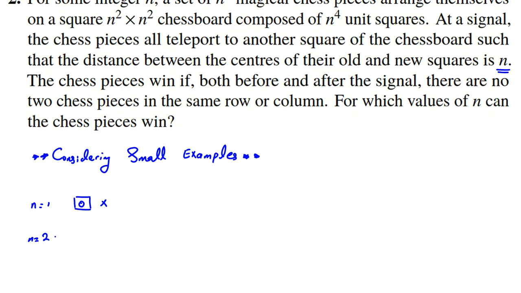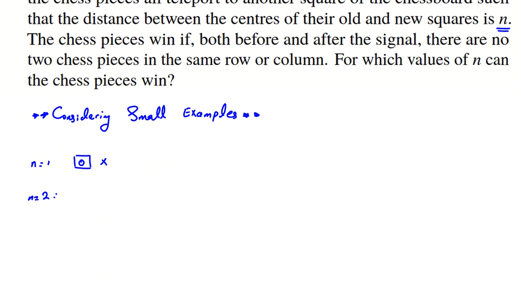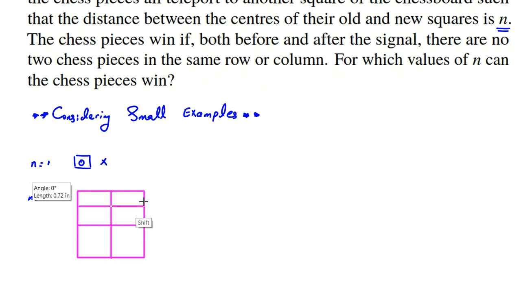For n equal to 2, our square is 2 squared times 2 squared, so it is 4 by 4. So let's draw. Okay, we have this, and let's draw the lines here. Now we have 4 pieces.